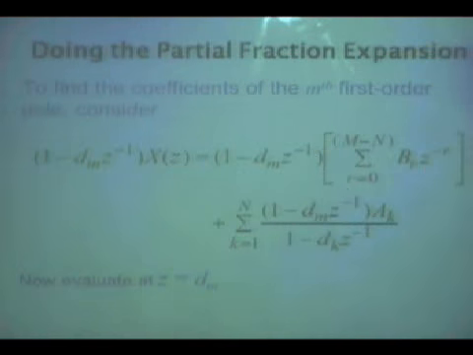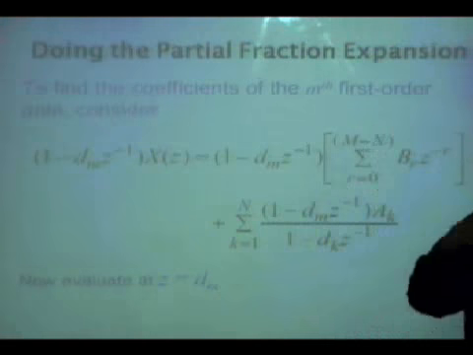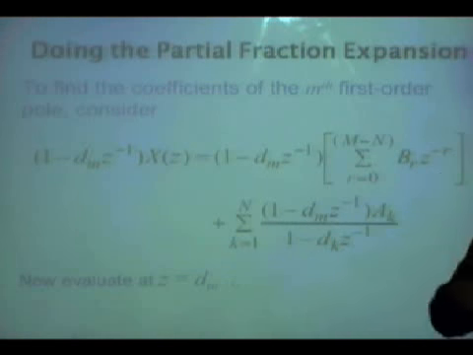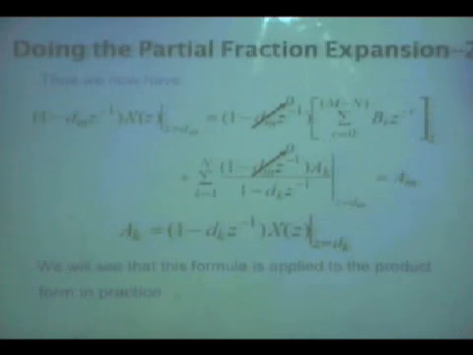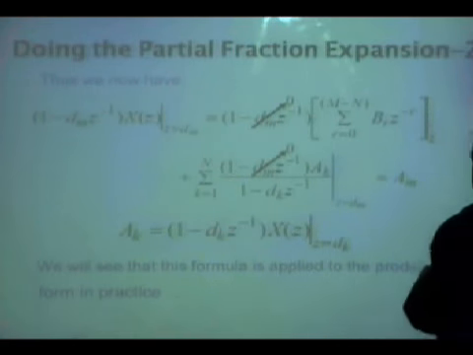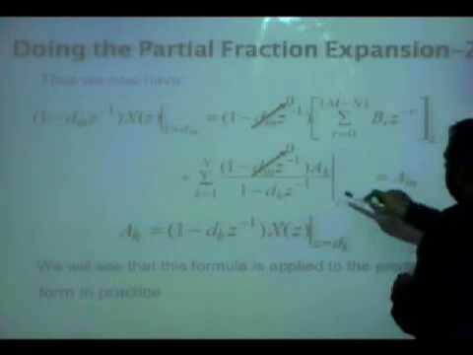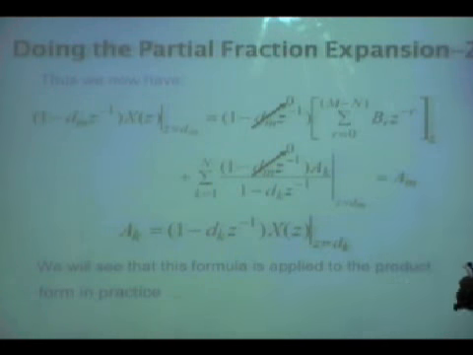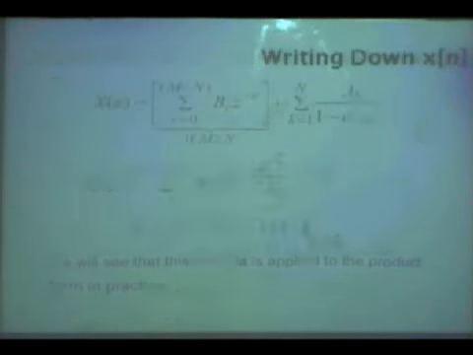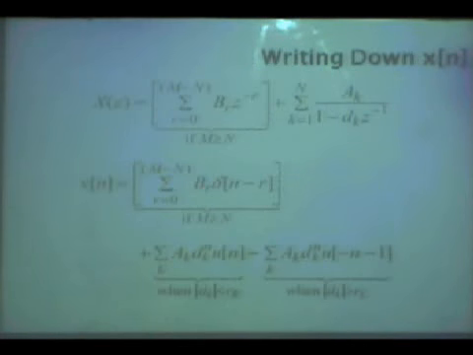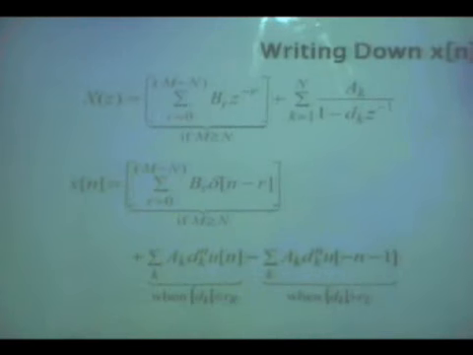You put z equal to d m, you find one value, then you keep doing that. That is how the partial fractions are computed. That will help you to compute the partial fraction, and you'll see that there is an example, and I'll quickly show you that.